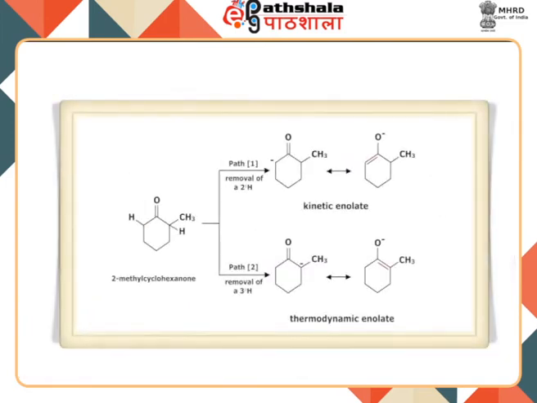Another example is the methylation of 2-methylcyclohexanone with one equivalent of methyl iodide. It forms both 2,6-dimethylcyclohexanone and 2,2-dimethylcyclohexanone. The relative amounts of the two products depend upon the reaction conditions.